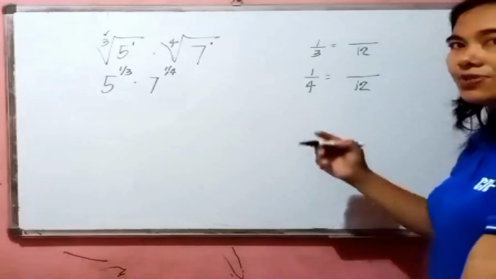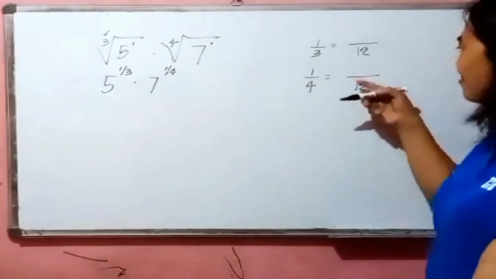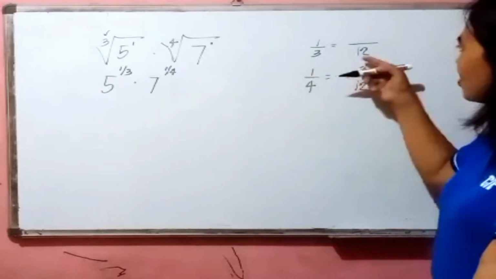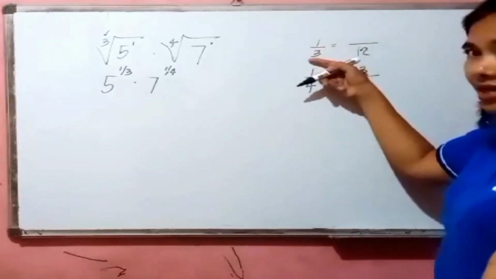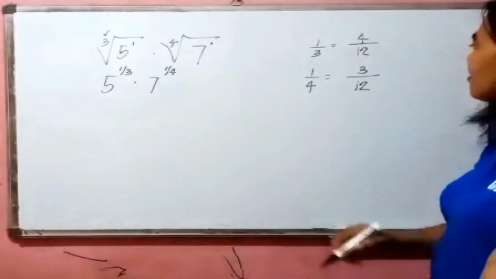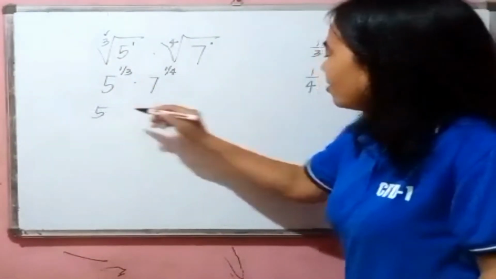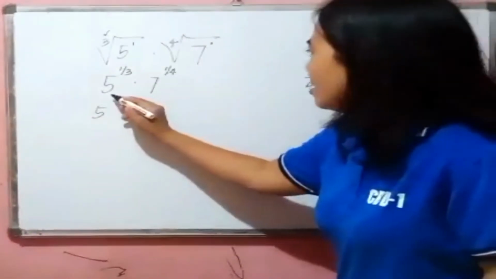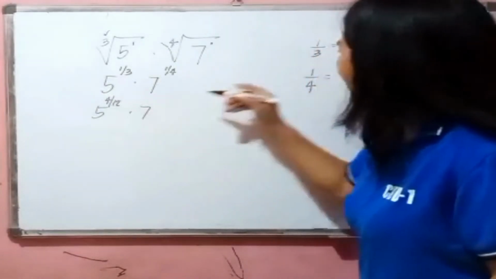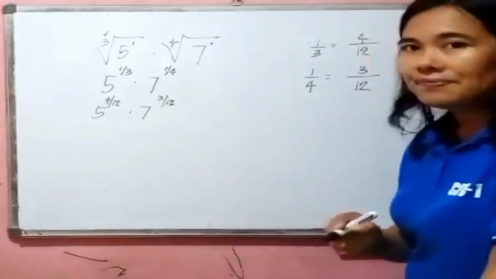And then you proceed with the process na divide times. Ano yung divide times? 12 divided by 4 is 3 times 1, so that's 3. 12 divided by 3 is 4 times 1 is 4. Okay? So, yung magiging exponent na ngayon ng 5 will be 4 over 12. Ang 7, magiging 3 over 12 na siya.